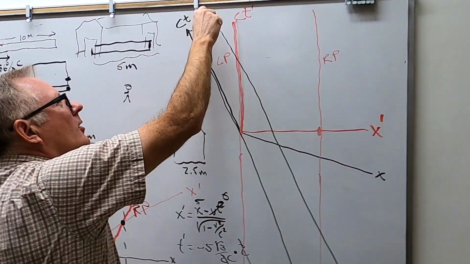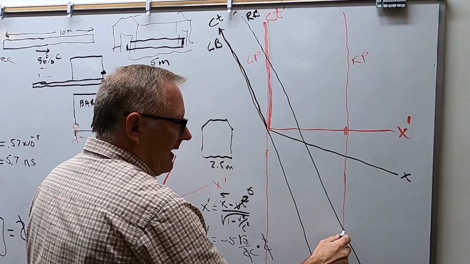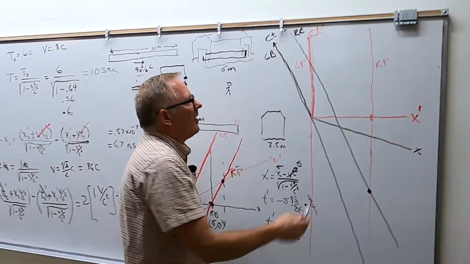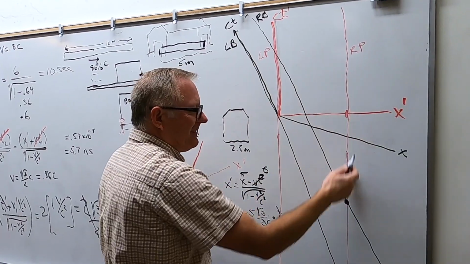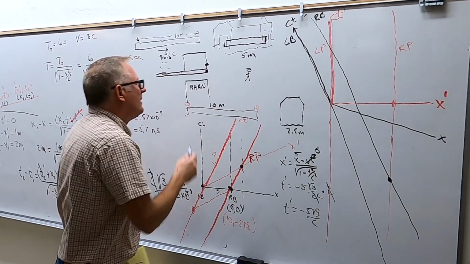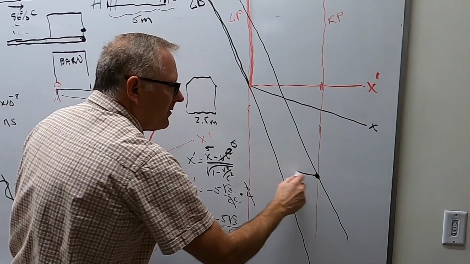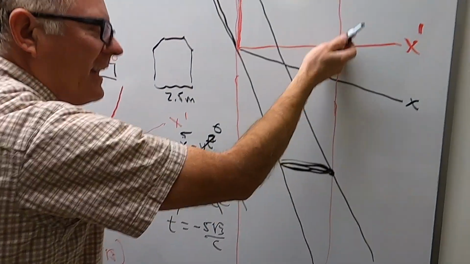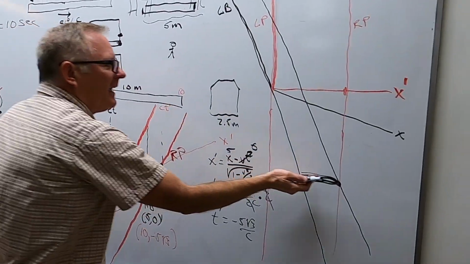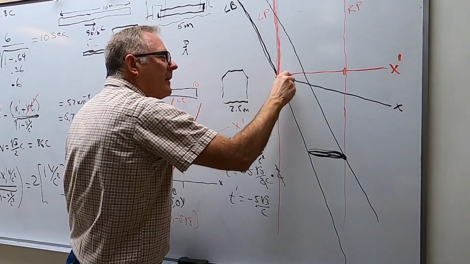So there's the right side of the barn, there's the left side of the barn, and you'll notice right here is when the right side of the barn hit the right side of the pole. That is right here, right side of the barn equals right side of the pole. So here's your barn right here. Again, it's at some negative time in Mary's frame. And then later, when this end gets over to here, that's when you're in this case right there. And it looks like this.